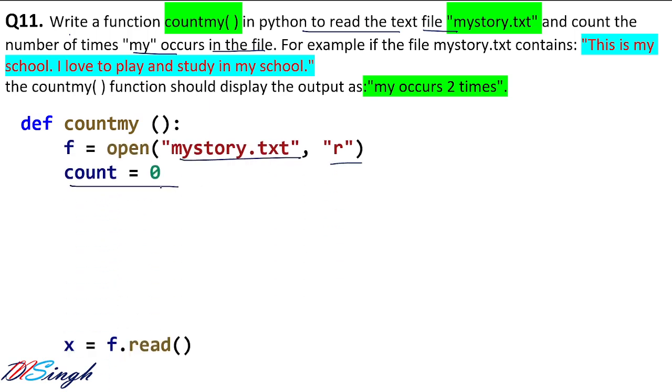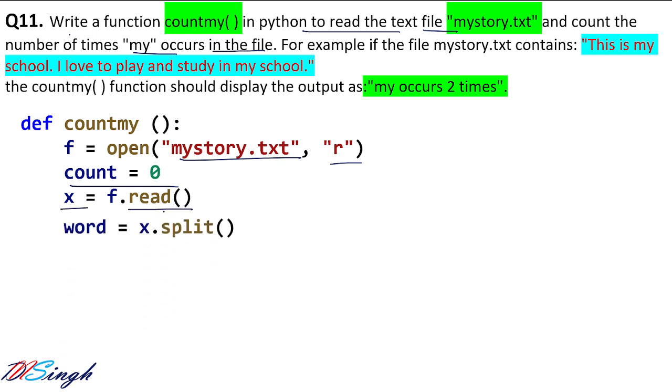We have maintained a counter, and then we are going to read the complete text in the form of a string using the read function, and then we use split to split the string into words based on spaces. The delimiter by default is space for split, so it is going to split on the basis of space.